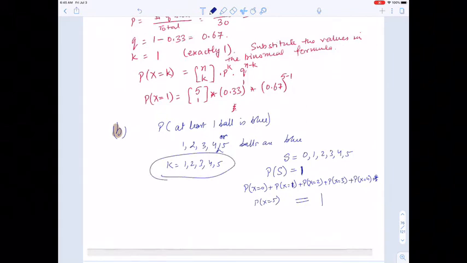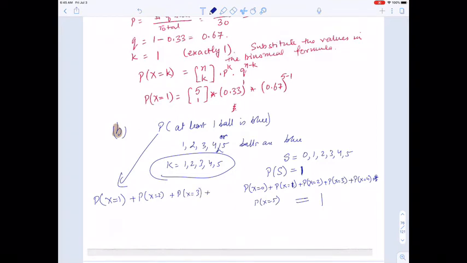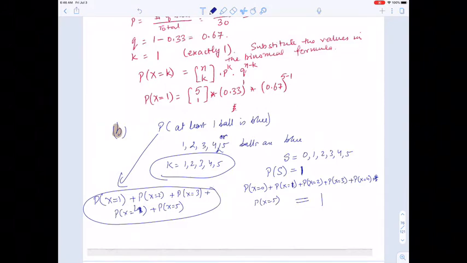We know this much. And our question is asking probability X=1 plus probability X=2 and so on. This is the question we are asked, right? Now, we can see that this one is what we want to find out.